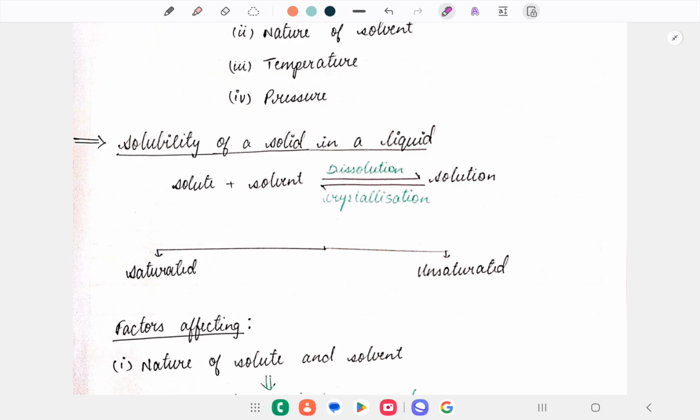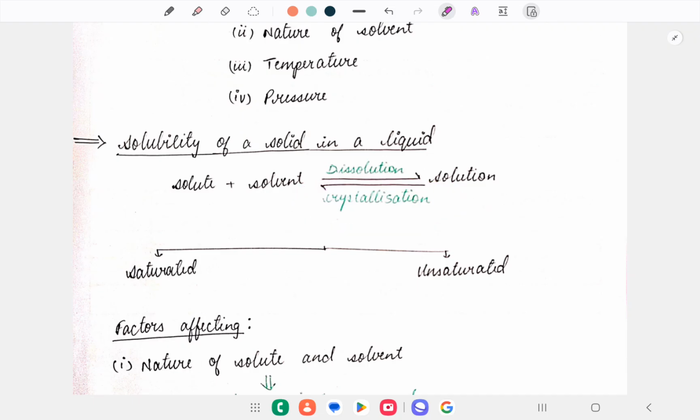Now we will see the process of solubility of a solid in a liquid. When a solid solute is added continuously to a solvent, the solute keeps dissolving and the concentration of the solution increases. This is called dissolution. Meanwhile, some solute particles in the solution collide with the solid solute particles and get separated out of the solution, which is called crystallization.